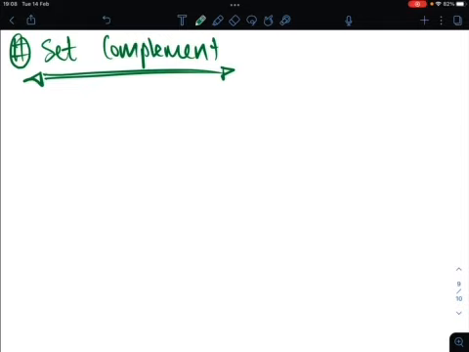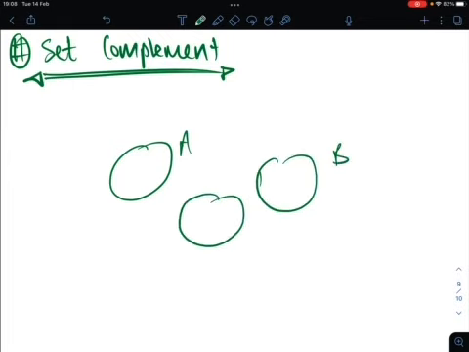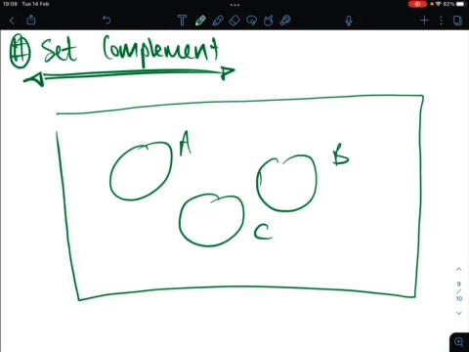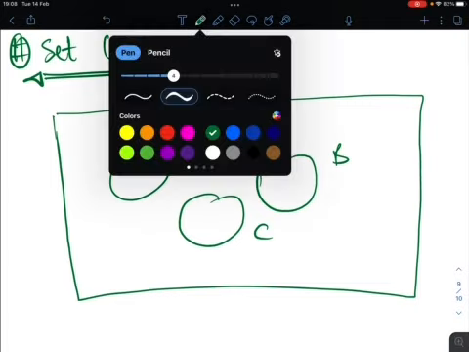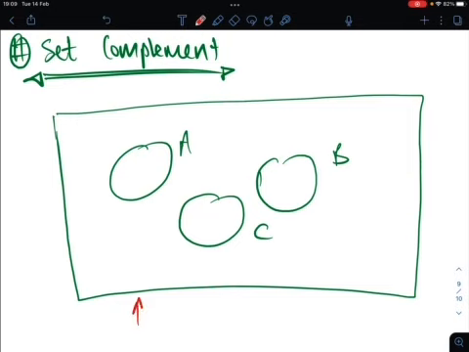So if you have individual sets such as A, B, or maybe some C, you should always know that at the back of your mind, there always exists a much bigger set which consists in its interior all these individual sets that have been given to you. And we actually refer to this big set in which every set lives as the universal set.